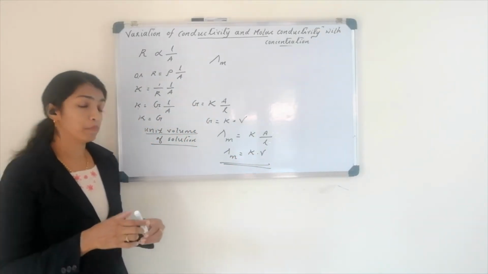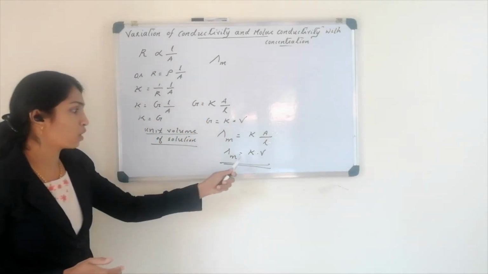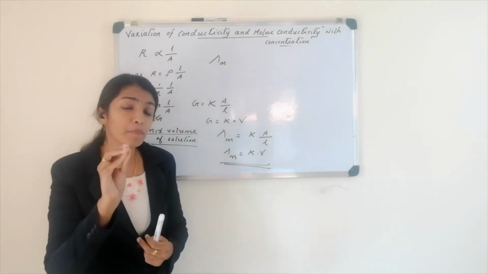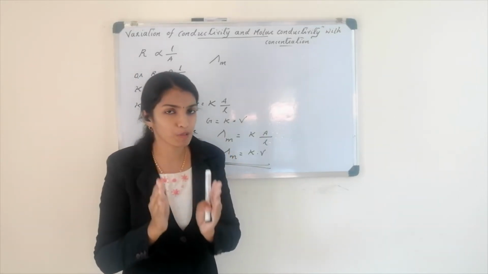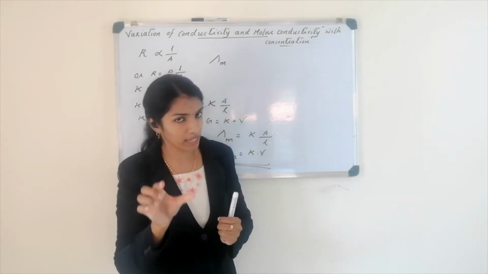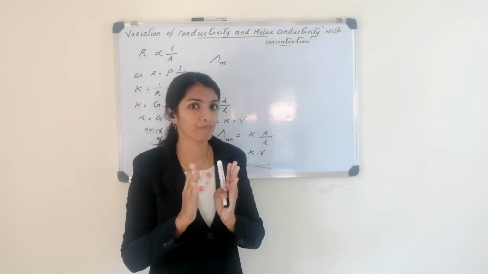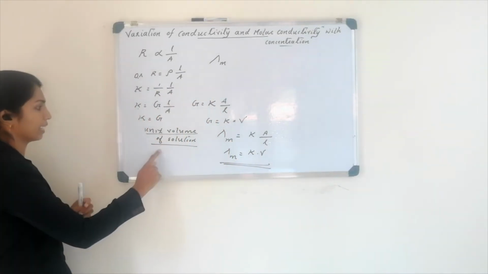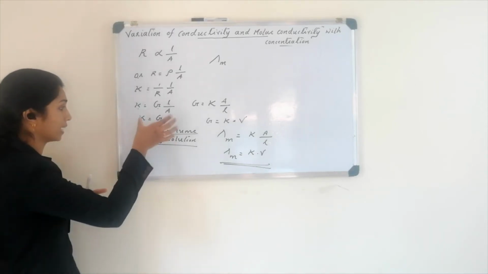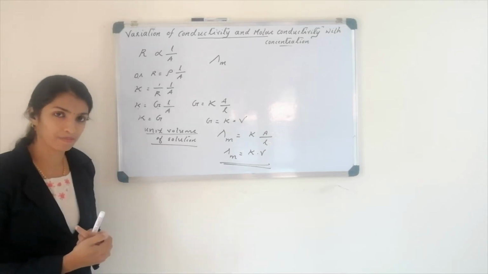Okay, so the term molar conductivity is defined as the conductivity of a solution containing 1 mole of the electrolyte kept between 2 platinum electrodes of length unity, and the area of cross section is A. When we consider the term conductivity, both L and A are unity, and the conductivity is the conductance of unit volume of a solution.